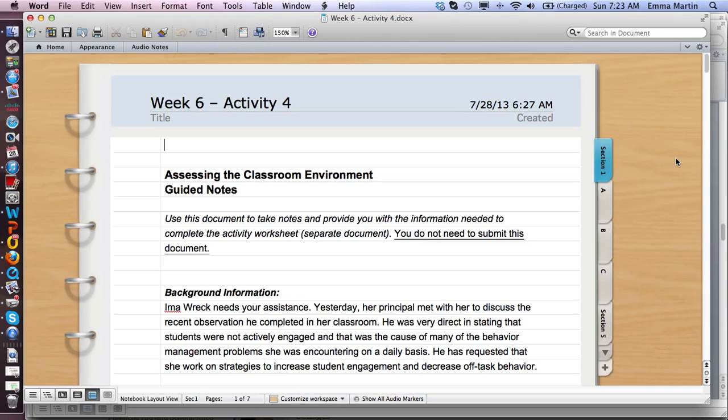He had visited her classroom and met with her and shared that she needed to make some changes. She asked me for some assistance, and so what I did was the same thing that we do when we look at individual student behavior. I did an observation, collected some baseline data, and then used that to help me develop an intervention plan for her.